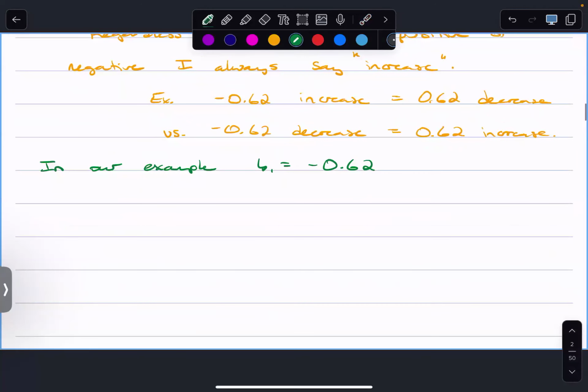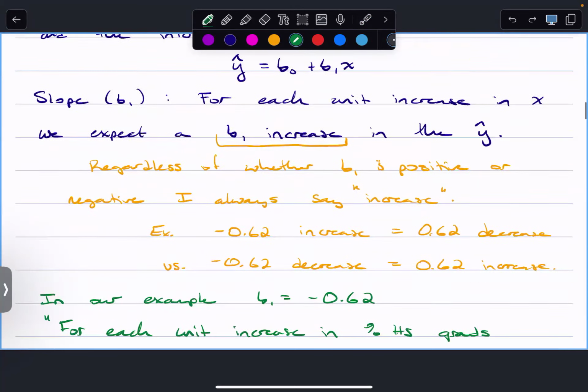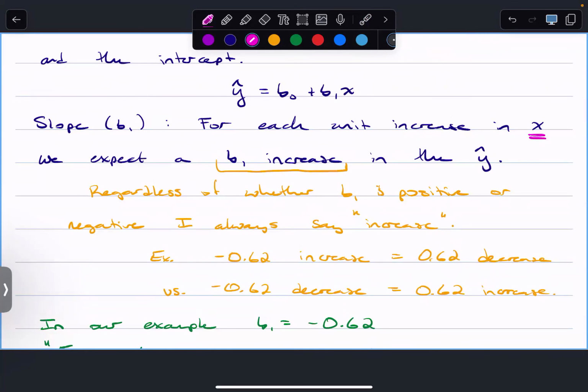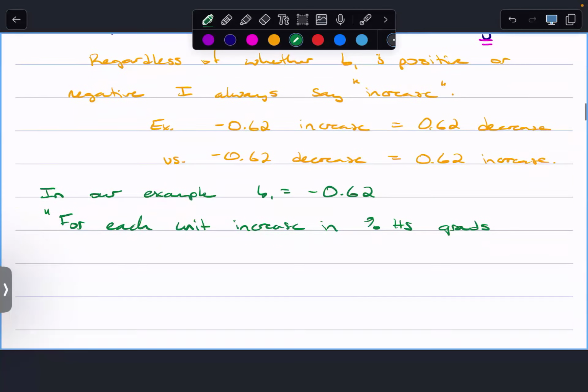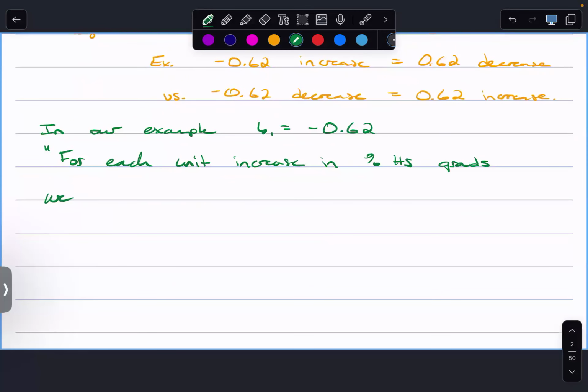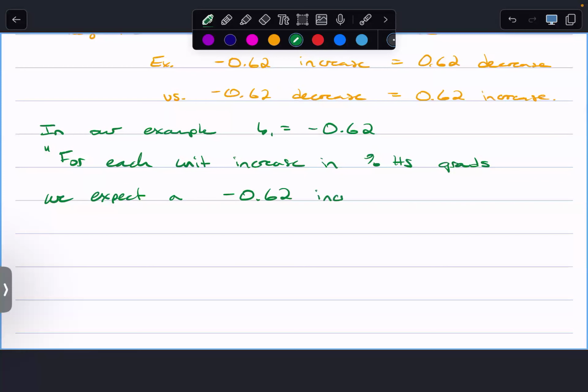And so we would say for each unit increase in percentage of high school grads, right? You have to replace the X, you have to replace the B1, and you have to replace the Y hat. So for each unit increase in percentage of high school grads, we expect a negative 0.62 increase.